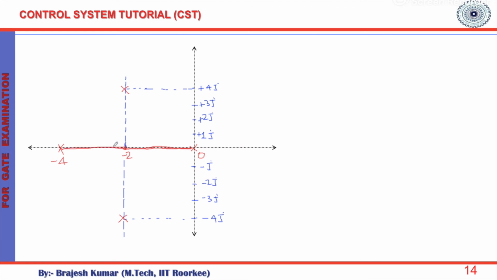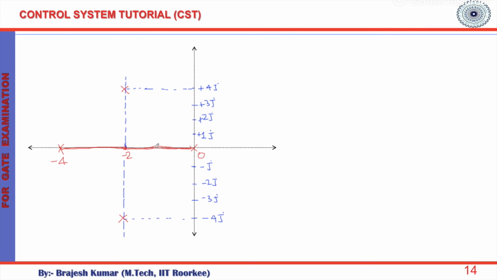Clear? Also, one point I would like to put into your notice, that the presence of complex poles or zeros doesn't change our decision about which portion of the real axis lies on the root locus, because complex poles or zeros always occur in pairs.